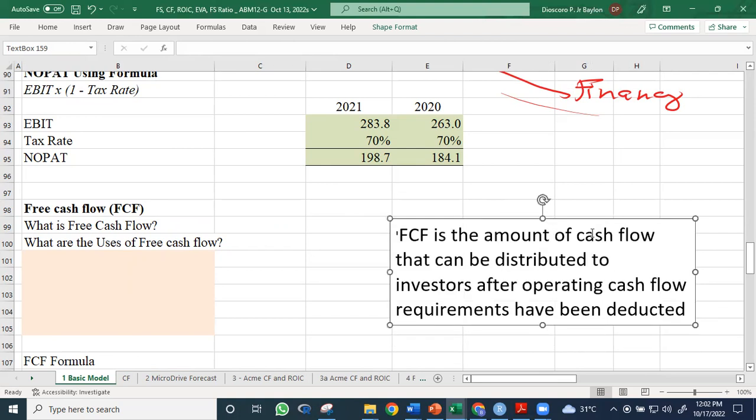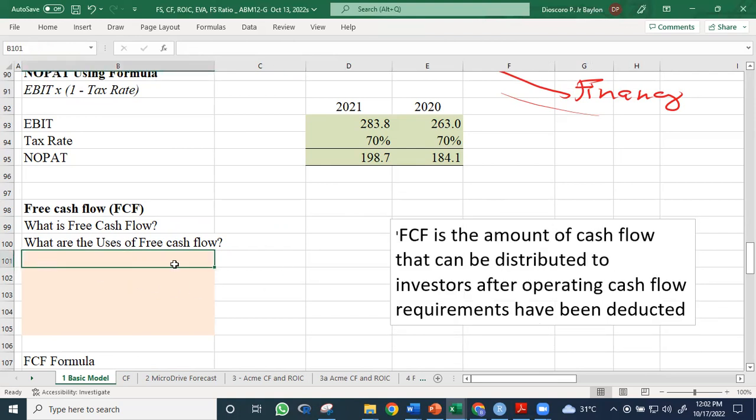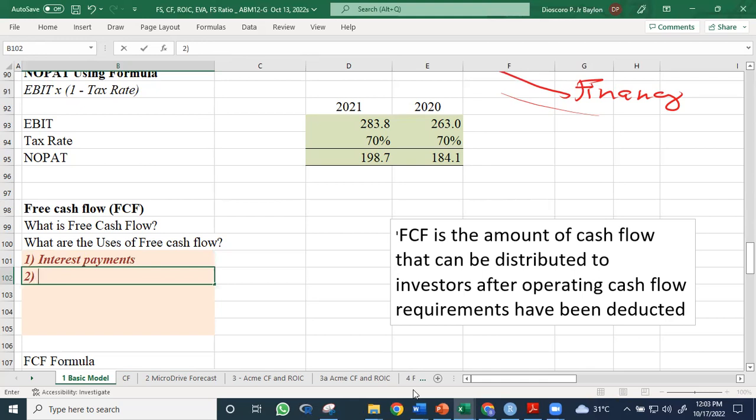Okay, therefore, ano itong mga example na ito ng free cash flow? Number one, pwede siyang gamitin for interest payments. Number two, ano pa? So these are examples. Kasi, nga pala, class, what do we mean by investors?